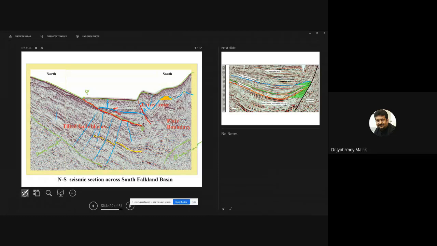Now there could be a trap here, okay? There could be a trap here, and this trap will be fairly big simply because it will run all the way up to this. There could be a trap here too.